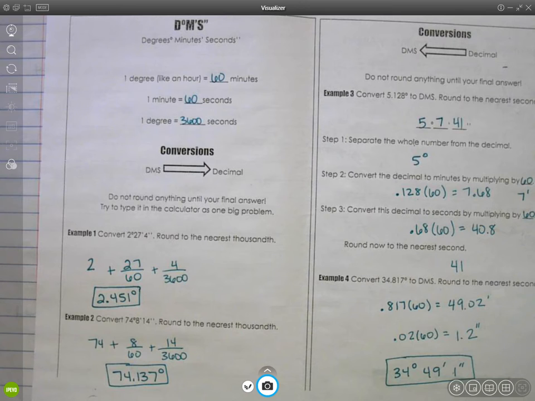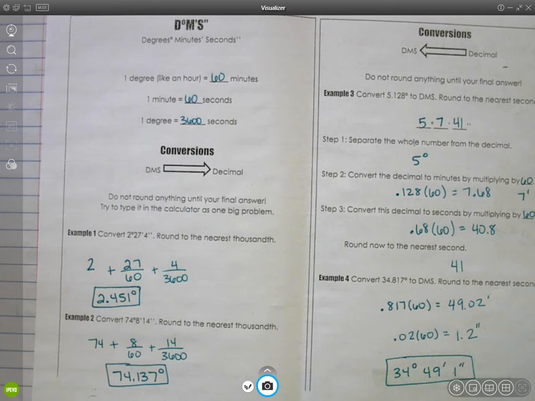So if you think about longitude, latitude, if you've ever worked with that, those are given in degrees, minutes, seconds. If you think about the whole world and you're trying to label where something is, well, as big as the Earth is, if we only do degrees, then that's a whole lot of area that we are talking about. So we had to come up with a way to break that down.